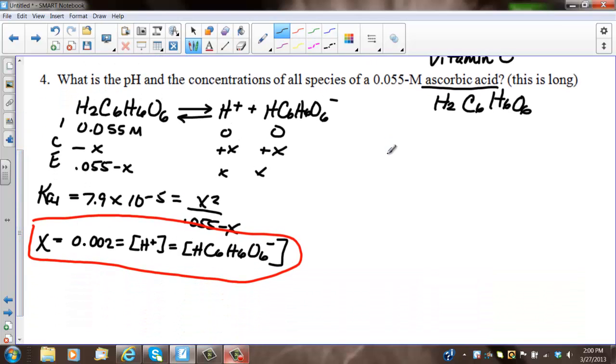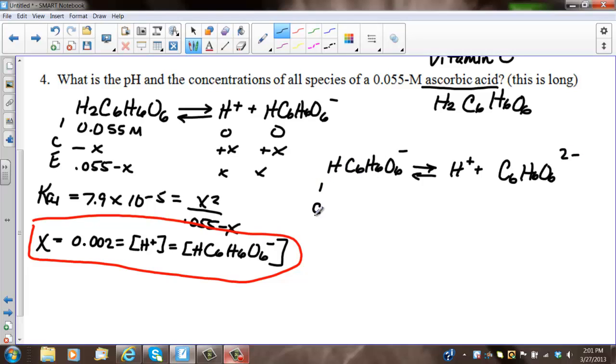Okay. We're starting with what we finished with. We have HC6H6O6 minus, and that dissociates into H plus and C6H6O6 2 minus. Now remember, in this ice table, I'm starting with my concentrations that I just calculated.